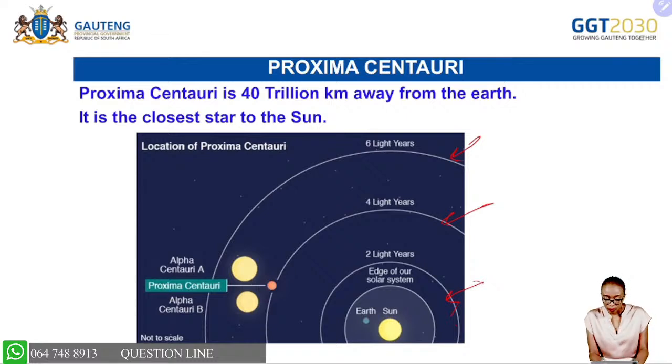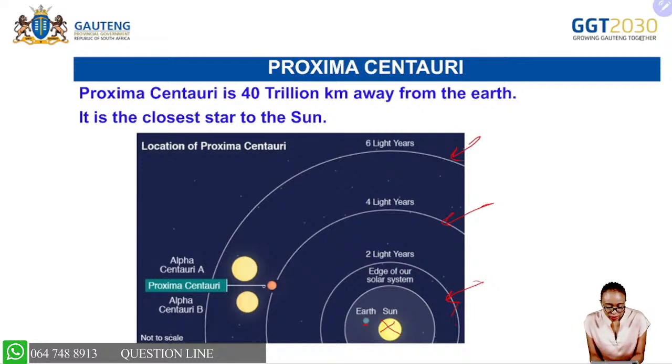So here is our sun, I'll mark it with the letter X, and there is us. This is our solar system, and this is the edge of our solar system. Remember, our solar system has 7 other planets: Mercury, Venus, we've got the Earth, Mars, Jupiter, and the other planets.